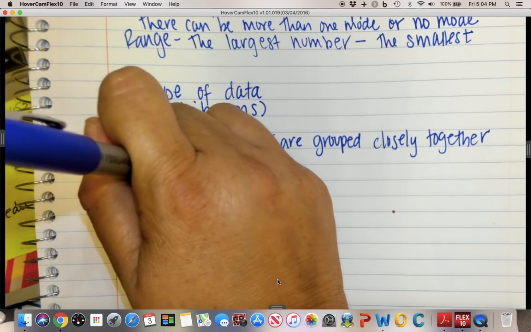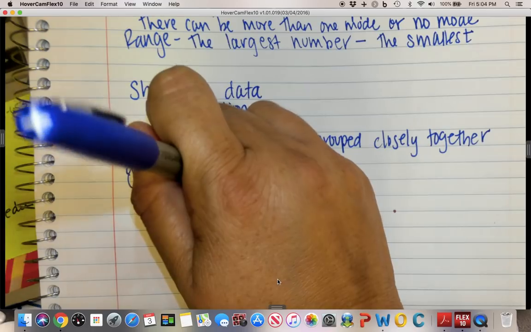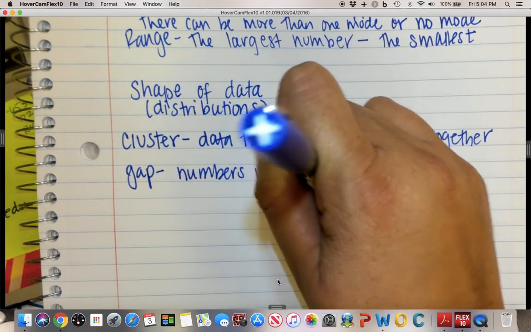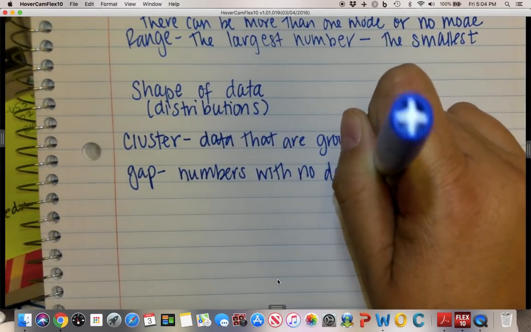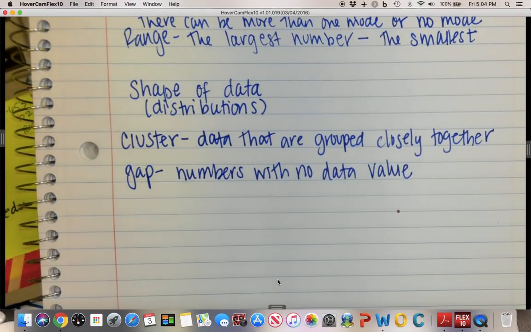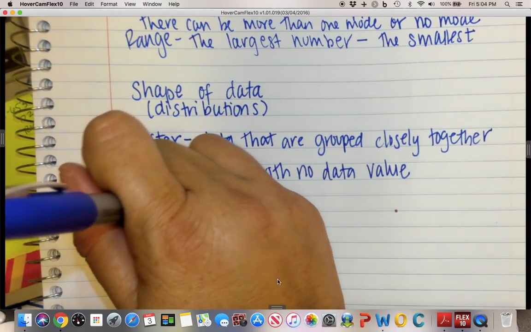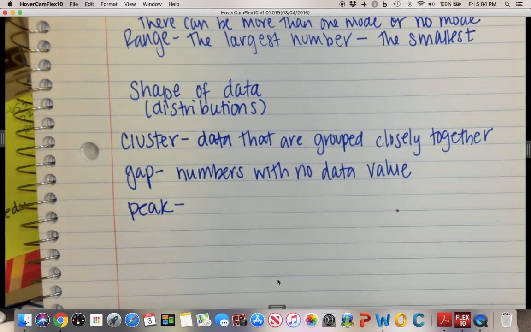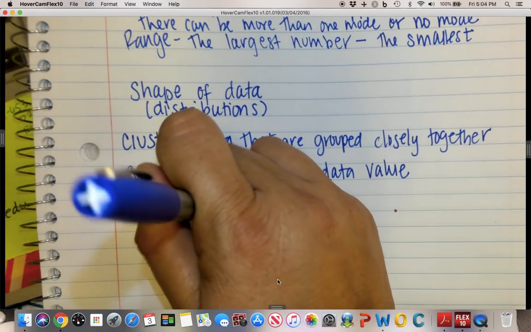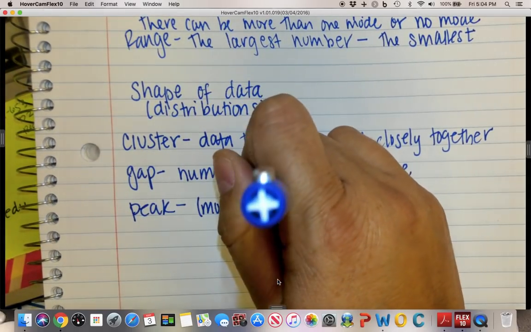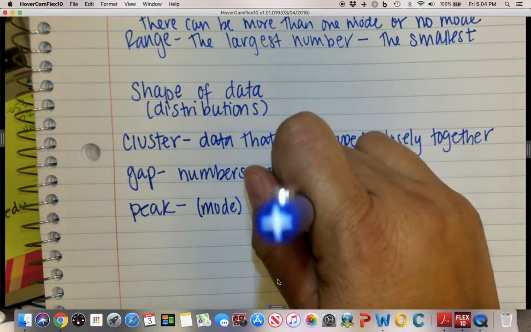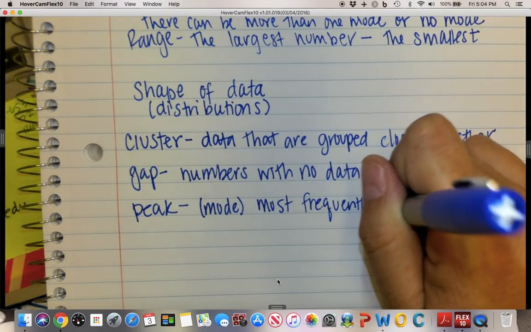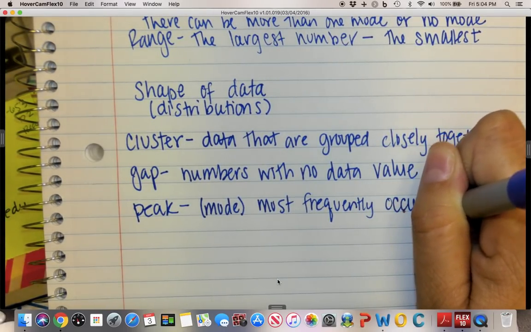A gap is numbers with no data value. Again, I'll show you examples of what each of these mean. The peak of the data is basically the mode. It's the most frequently occurring values.